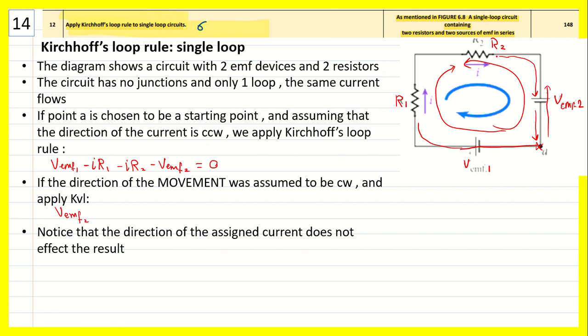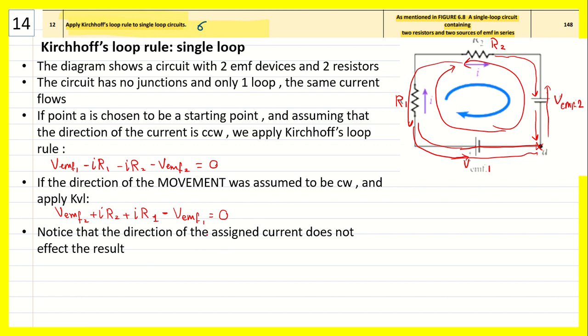I'm going through R2 against the current, so it's plus IR2. Similarly, I'm going through R1 against the direction of the current, so I'm going to add the voltage of R1. And then here I'm moving through the battery from the positive terminal, so it's minus EMF 1.